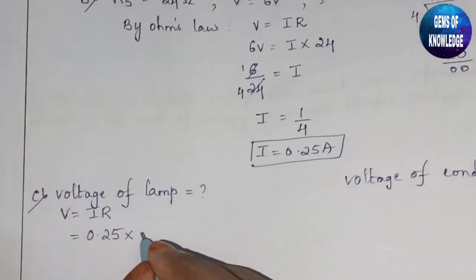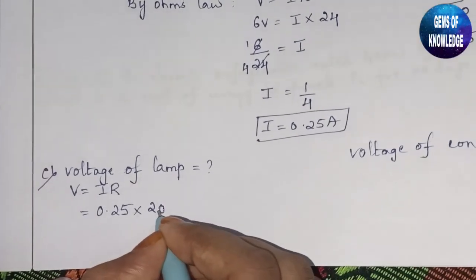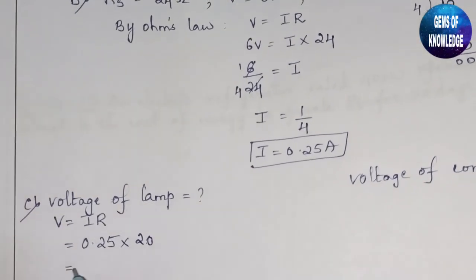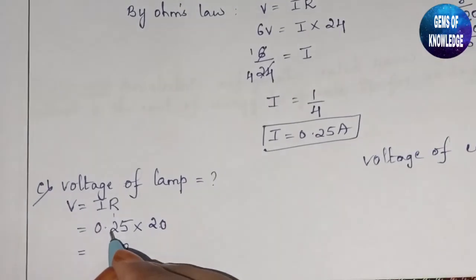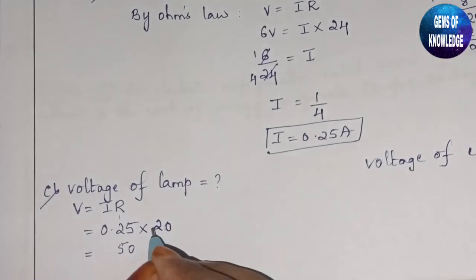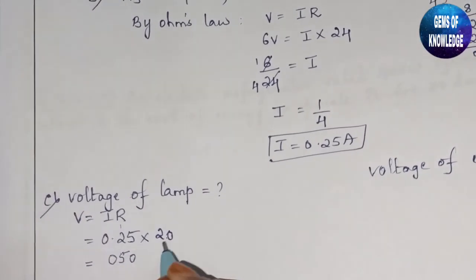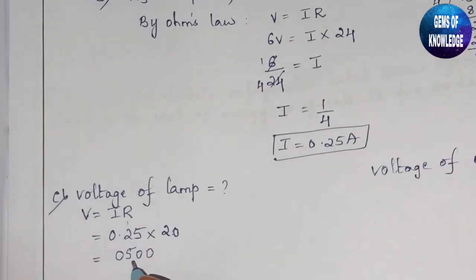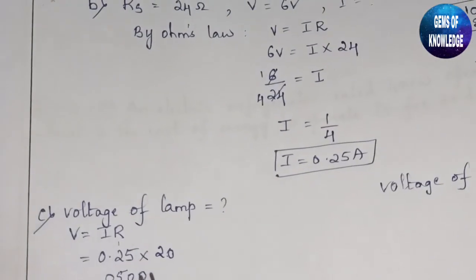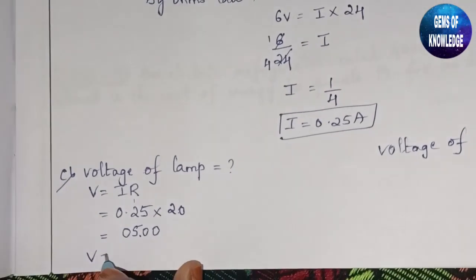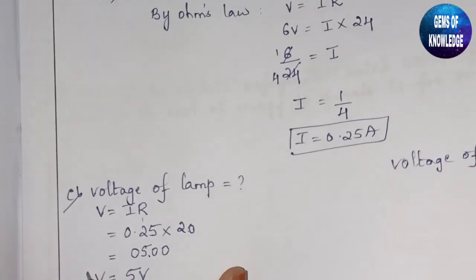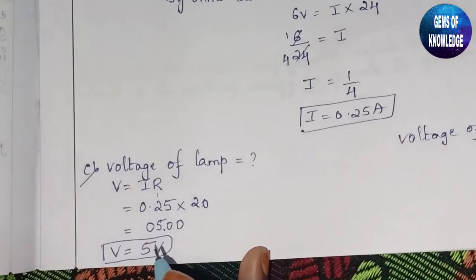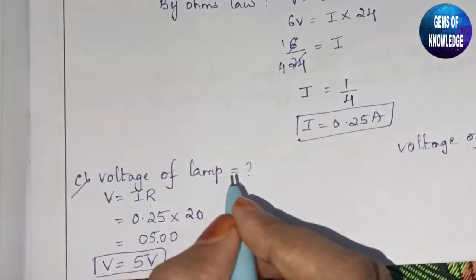It is 20. We need to multiply this. 2 fives are 10, 0 and 1 carry. 2 twos are 4, plus 1 is 5. 2 zeros are 0 and this 0 will be as it is. After 2 numbers the point is, so voltage V is equal to 5 volts. So 5 volts is passing through the lamp.